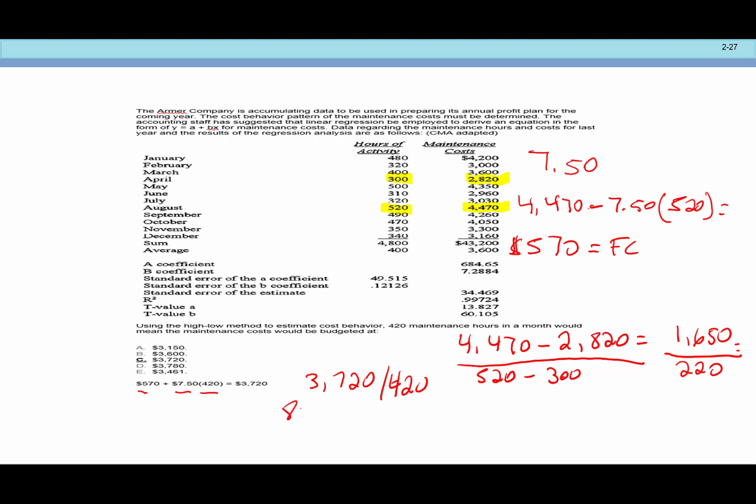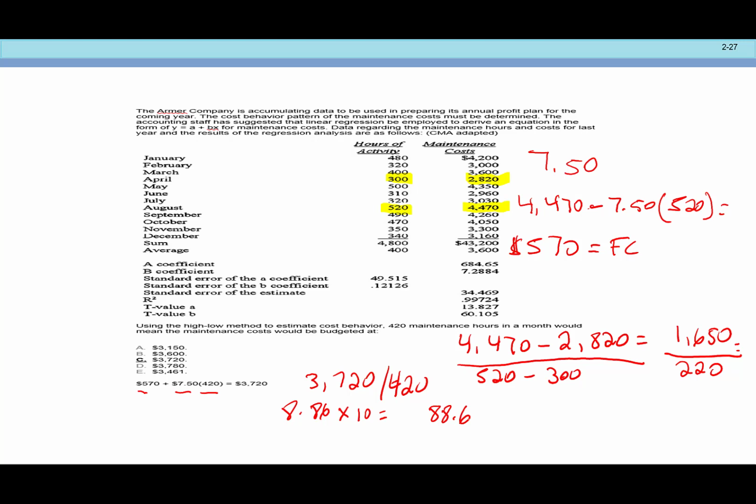That's 8.86 per unit of activity, say direct labor hours. If I spend 10 hours on a job, that means I'm going to allocate $88.60 to that particular job, right?